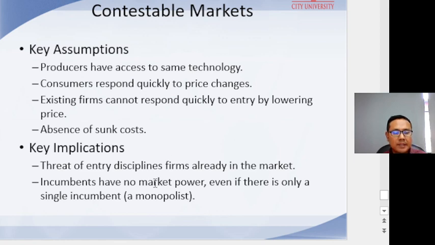There are a few implications that are very important for us to remember about the contestable market. The threat of entry disciplines firms already in the market, and incumbents have no market power even if there is only a single incumbent, a monopolist.